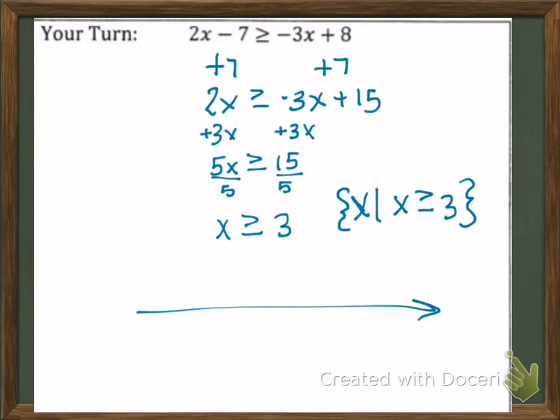And then to graph that, I'm going to put 0, 3, and -3 on our number line. Because it's or equal to, the boundary of 3 is included, so we want to fill that circle in. And again, greater than means I am shading to the right, and that's our solution set on a number line.